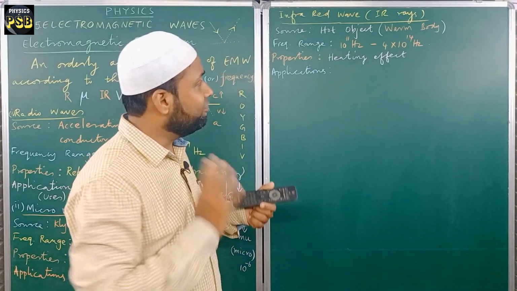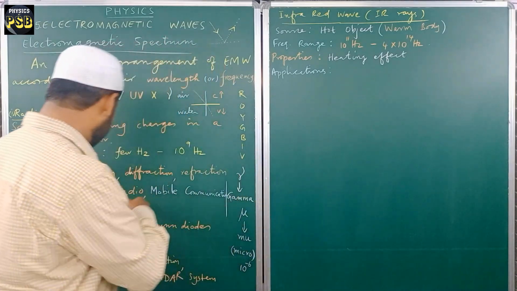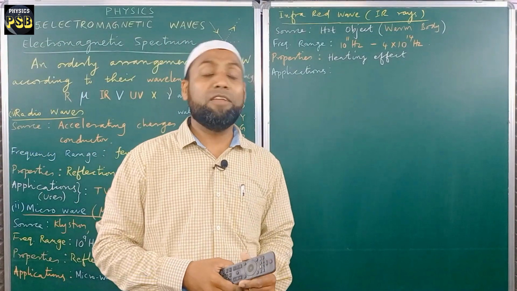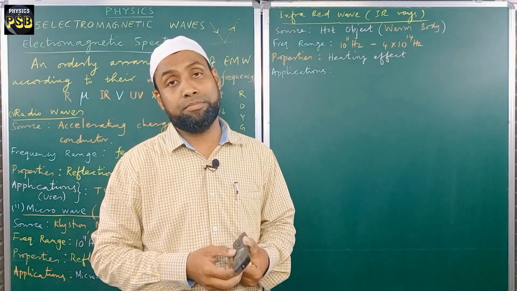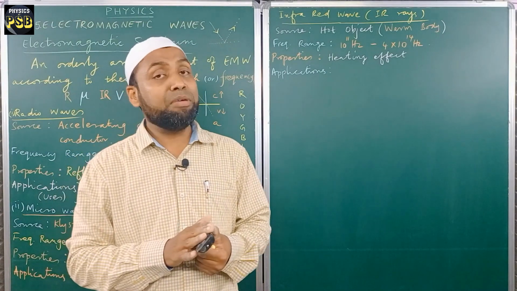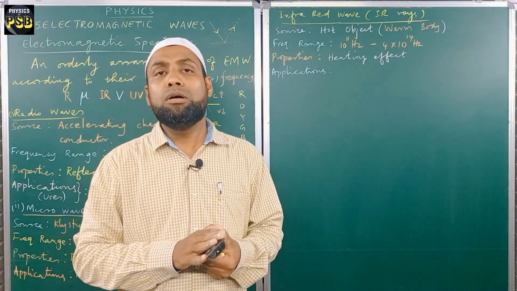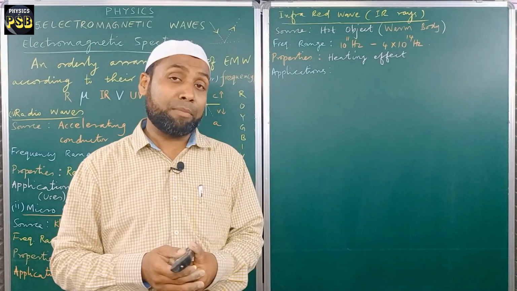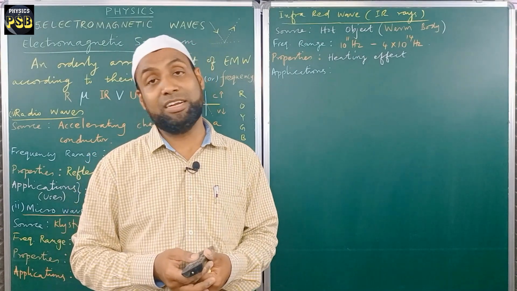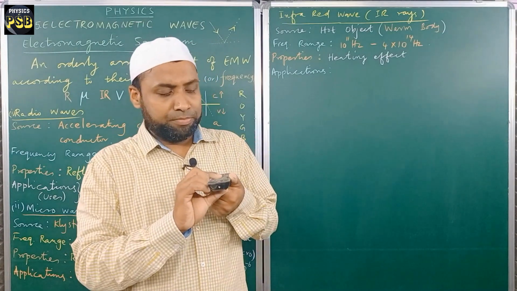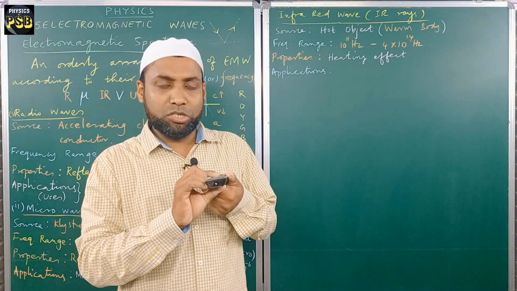Infrared radiation is invisible. All this radiation that we have discussed are invisible to our eye. We cannot see them. But IR rays can be viewed through a mobile camera. Usually, mobile cameras are not provided with an infrared filter, so they can be viewed. Now I'll press a button on this.